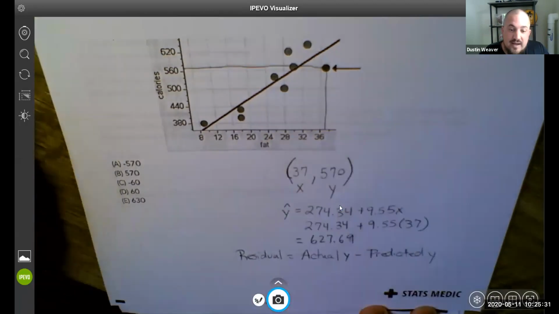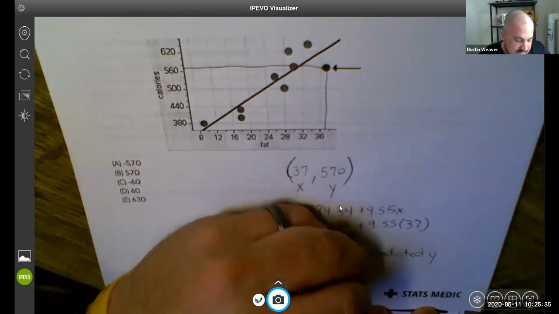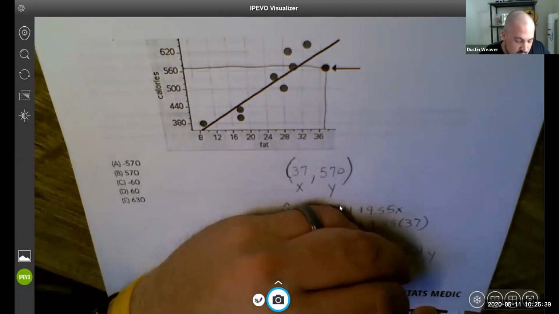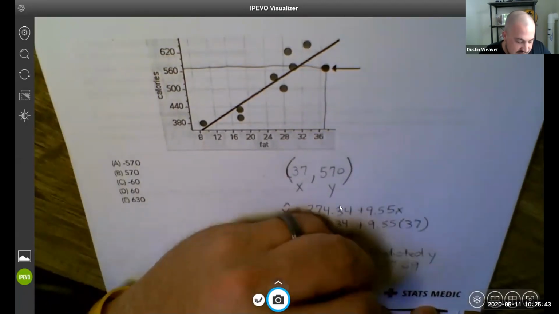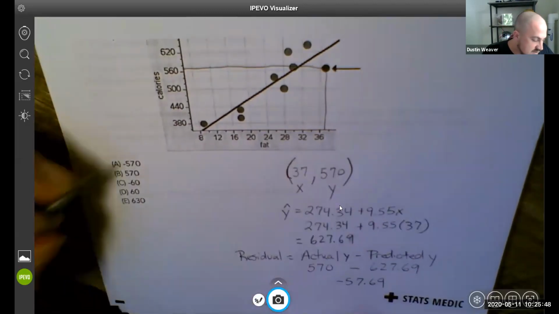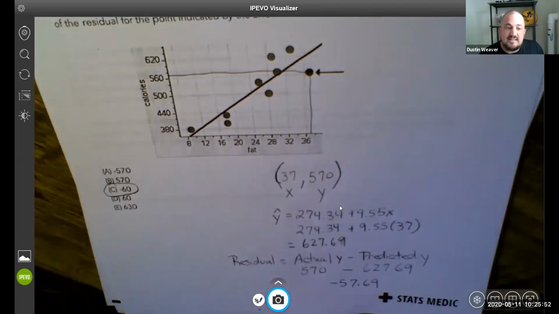So our actual y here was 570 minus our predicted y here was 627.69. So we get a negative 57.69. Now, when we look at our answer choices, we can see clearly it's got to be C, negative 60, because it's saying which is the best estimate, right? So it's the closest one.